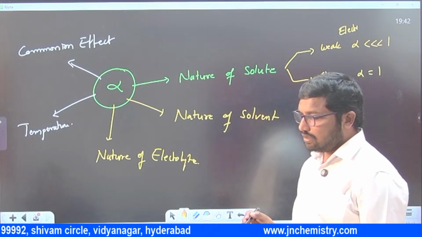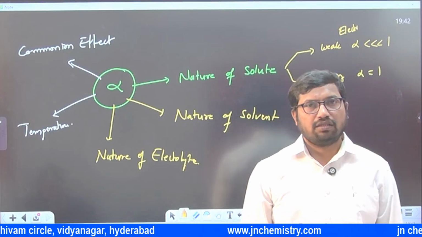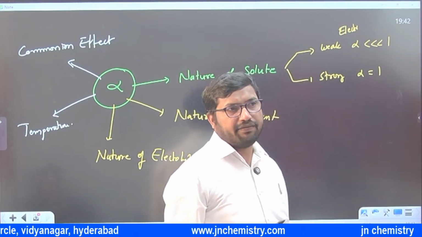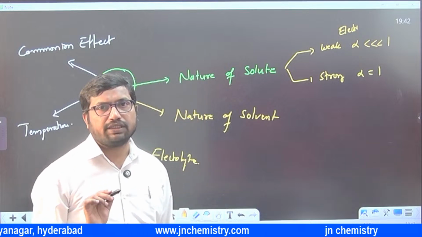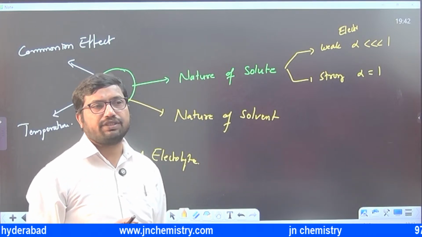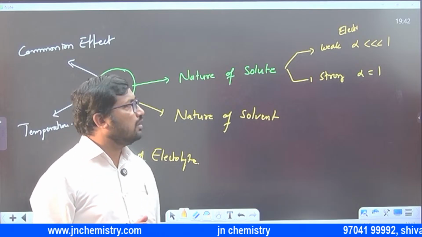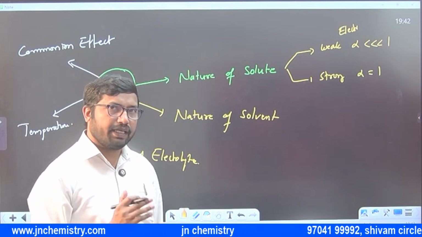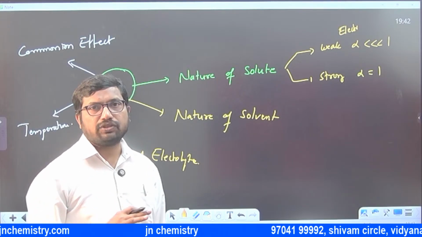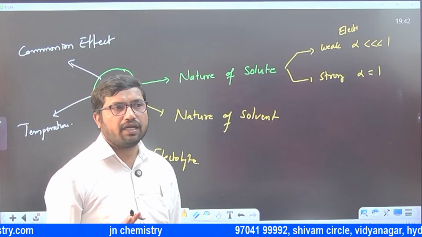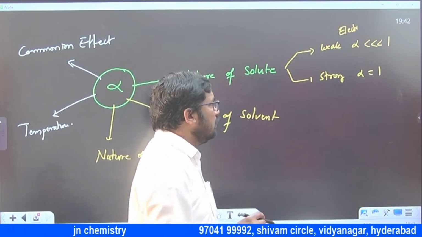So generally in numericals, if the Ka or Kb or any equilibrium constant K value is given, what do we need to understand? That it is a weak case. Only for weak cases will they give the Ka or Kb. For strong cases, Ka or Kb won't be given.